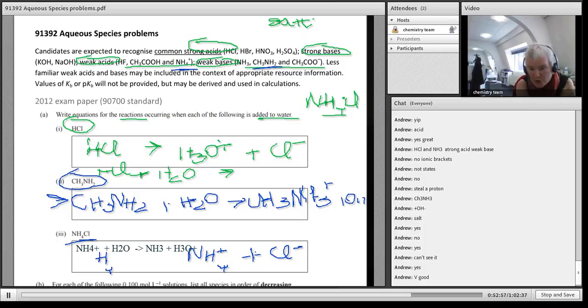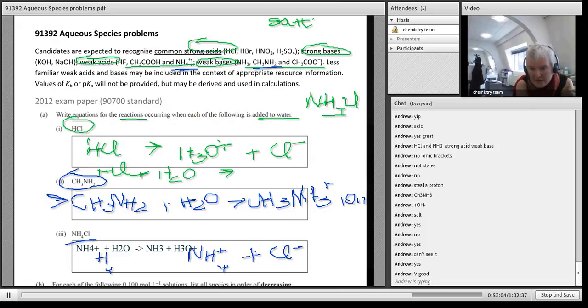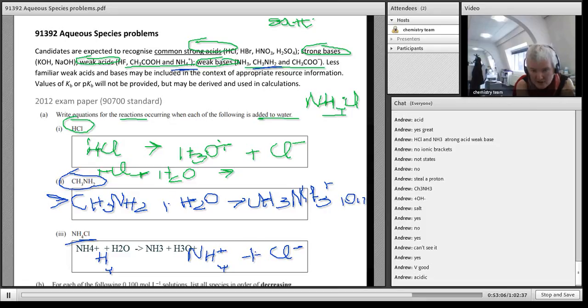So will my solution be acidic or basic? Acidic. Correct. So that's like a double check. If you've got a salt of a strong acid and weak base, then you're going to have an acidic solution. So you must always have some hydronium ions showing there and not hydroxide ions. So if you've made a mistake in that equation, that's one way of picking it up.